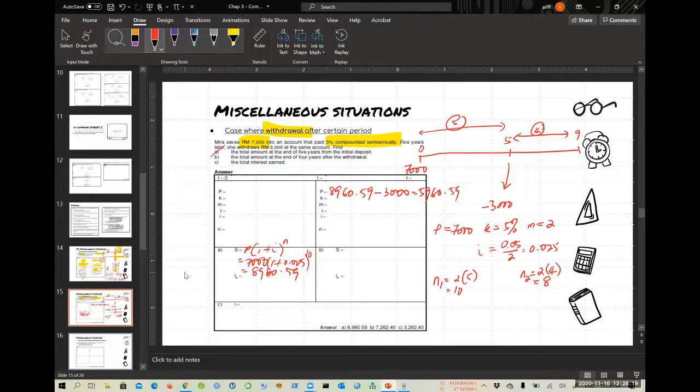So in this case, you can find the value of S after 4 years, still the same. So now you have P star, okay, the new principal. Or you can call it P new. So this will be S equals P new times (1 plus I) to the power of N. So what you're going to get here will be using the new one.